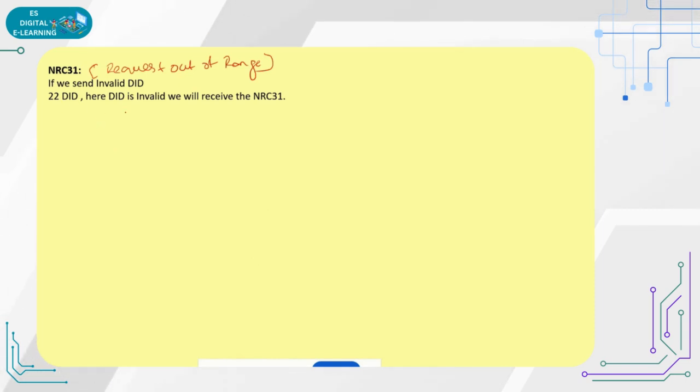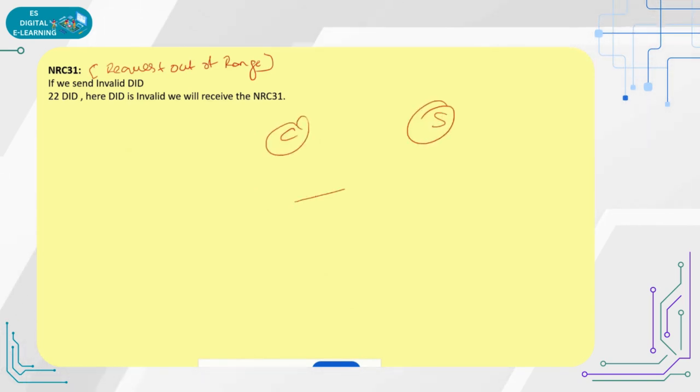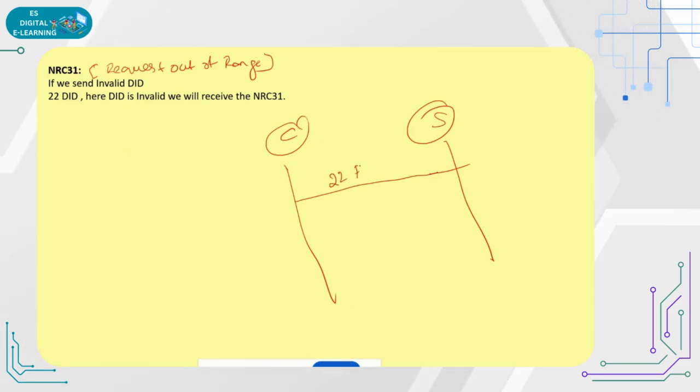If you send an invalid DID, how are we doing this? The client will be there and the server will be there. The client will send 22 and F1, F2. Now we make it FFF. This is a not supported DID.